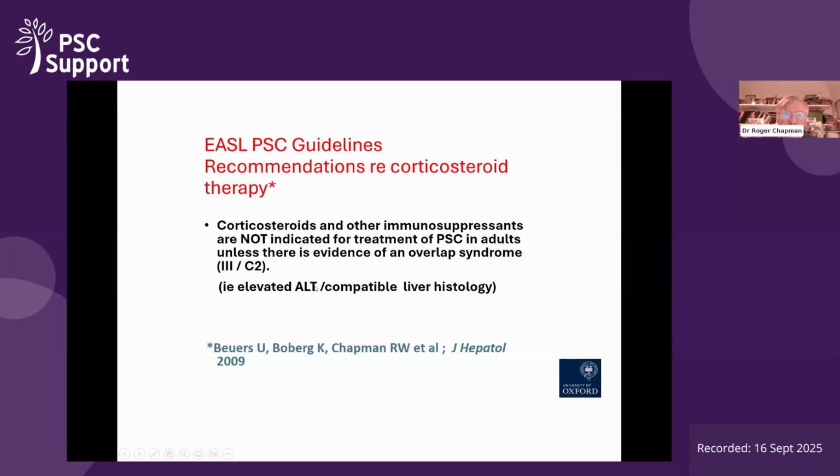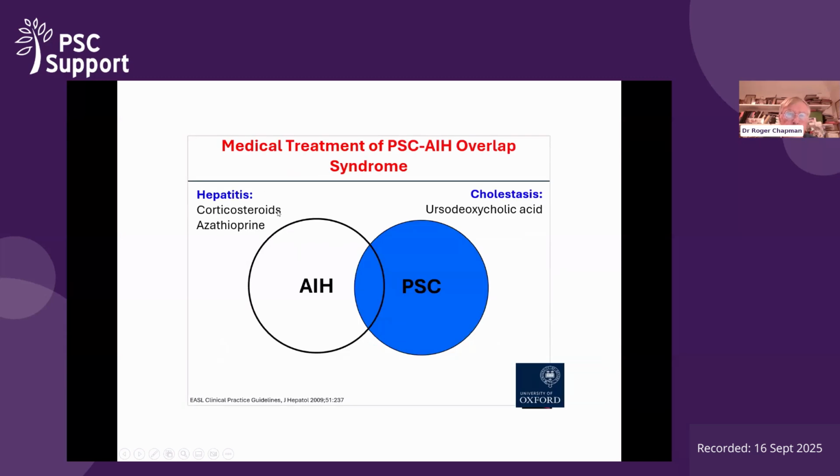But if you do have an overlap, as we mentioned, there is an indication for steroids, and such patients will have corticosteroids, usually for 6 months to a year, and will then be maintained with azathioprine as immunosuppressant. Cholestasis, well, that could be nor-urso or urso these days. I'll come back to that at the end.